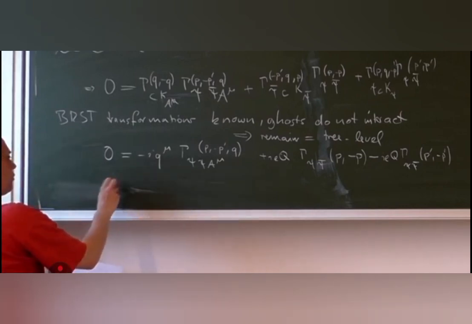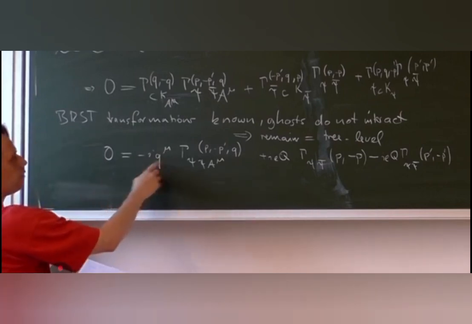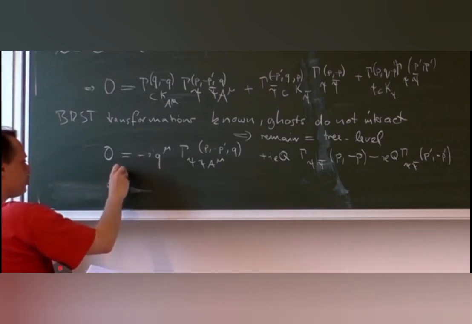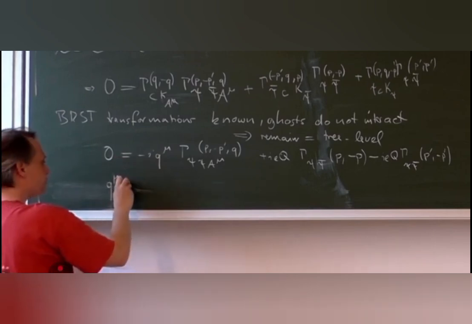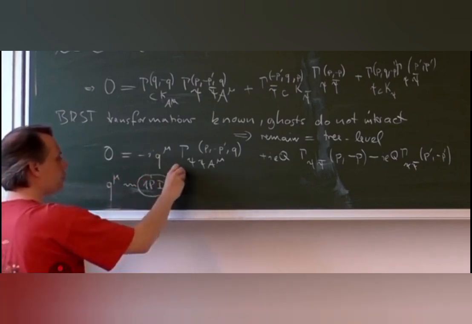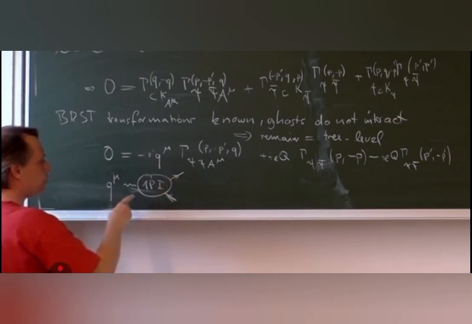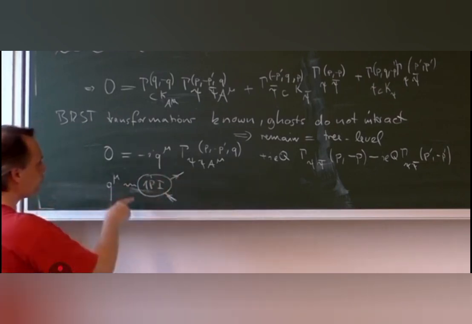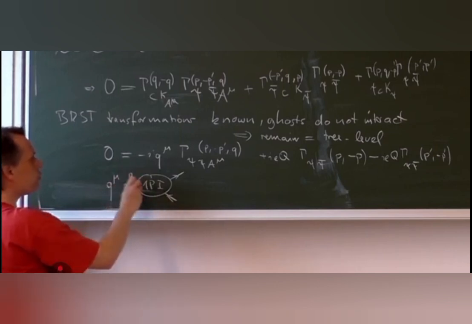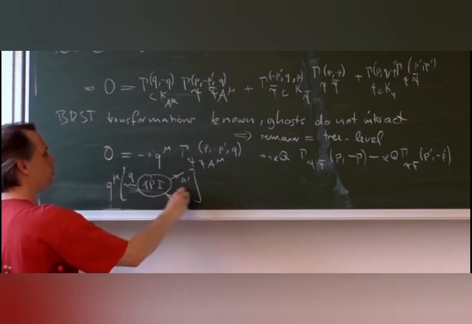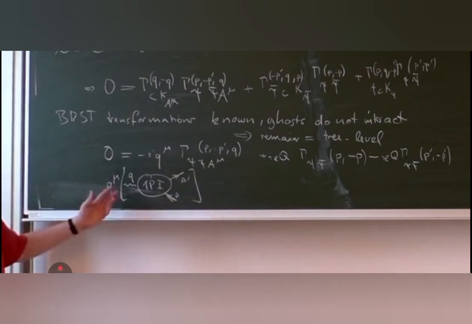In a graphical way we can bring this term to the other side of the equation and cancel the i's, and then we have q mu times the one particle irreducible Green function with photon, electron and positron, and the momenta are always q, p, p prime. So this contraction is on the left-hand side of the equation.